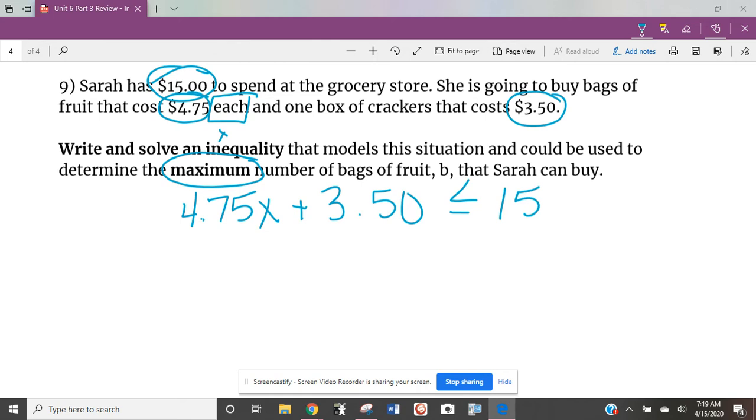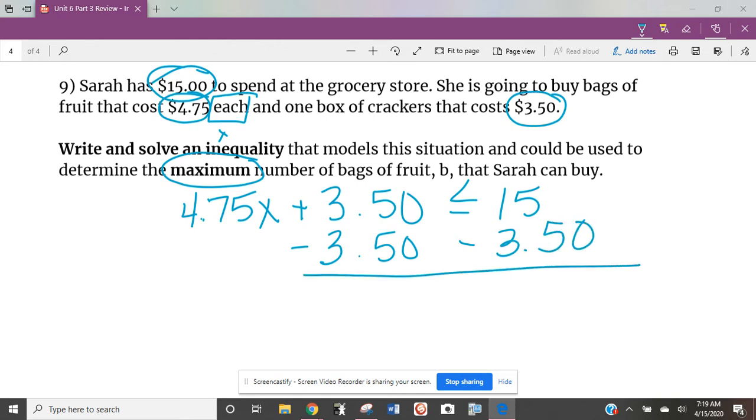Now, notice that this question says write and solve the inequality. So you do have to write the inequality and then solve it. So I'm going to subtract $3.50. So I get $4.75x is less than or equal to $11.50.